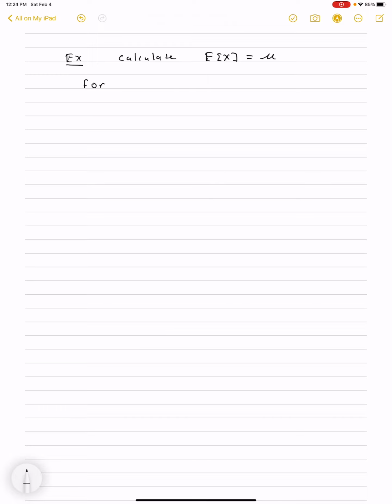Here, the density function is going to be this familiar uniform distribution. Let's just take a look at the graph of this density function.